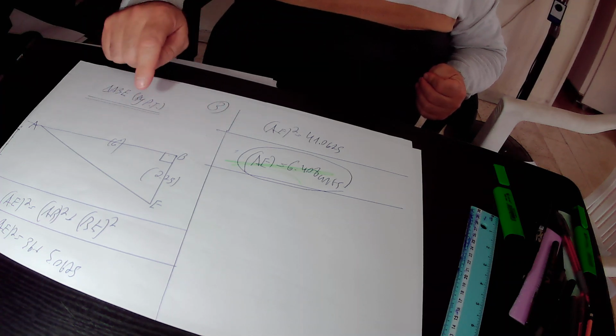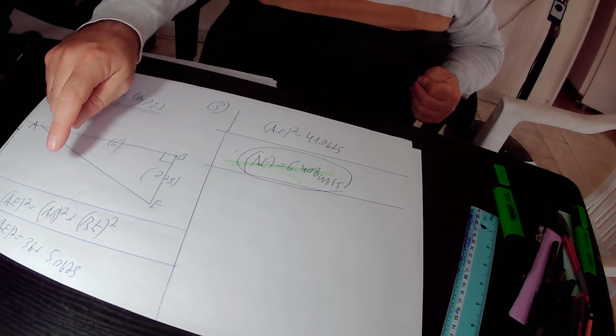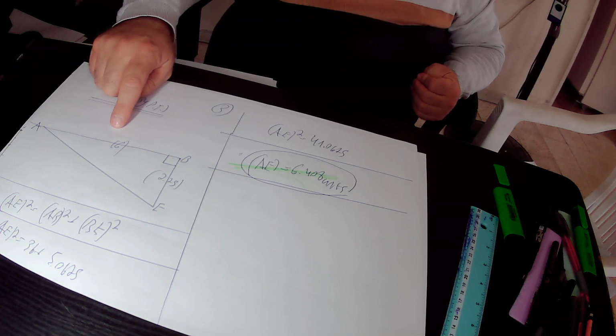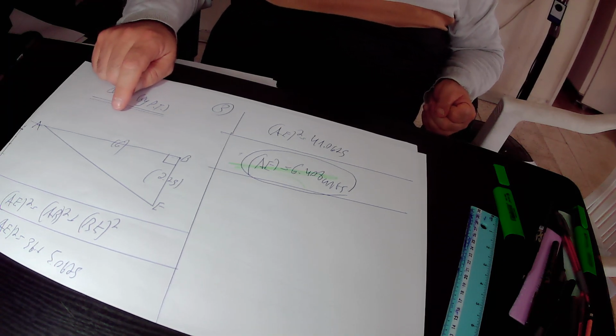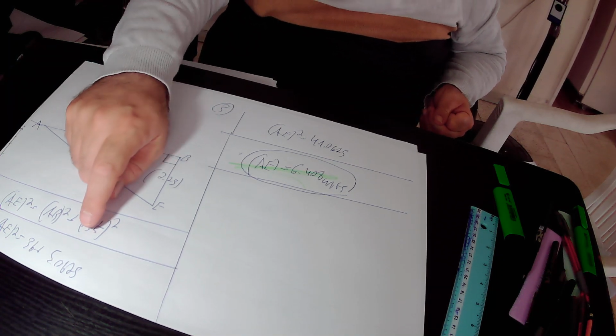AE is the missing side, so we leave it as it is. AB is 6, so AB squared is 36. BE is 2.25, so BE squared is 5.0625.